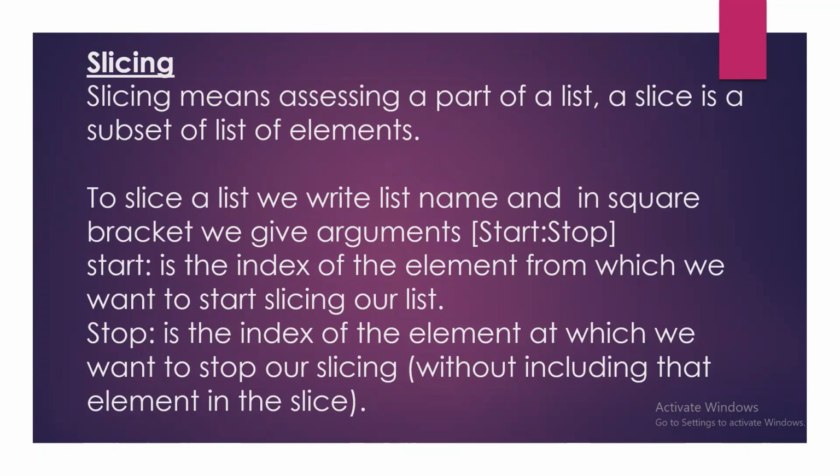Similarly, if we want specific elements from a larger list, or we only want certain parts of the list to be accessed, that part of the list, or those specific elements of the list, are called a slice. Or let's put it another way.